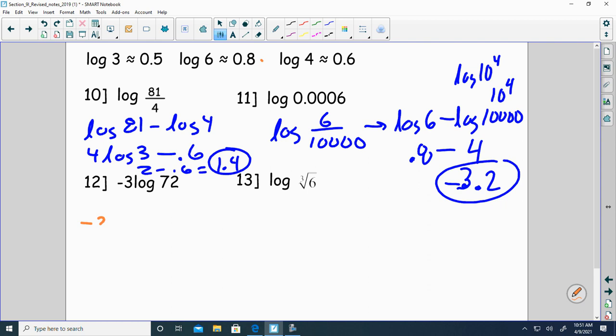All right, so I got negative 3 times log of 72. 72 is what times what? 6 and 12. So this is log 6 times 12, and 12 is 3 times 4. And we had all that up there, right? Oh, you're so smart. I'm glad you're here. These are all being multiplied. That means we're going to add them when we expand it.